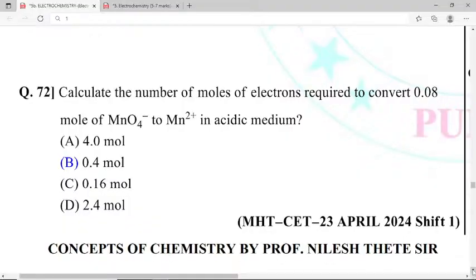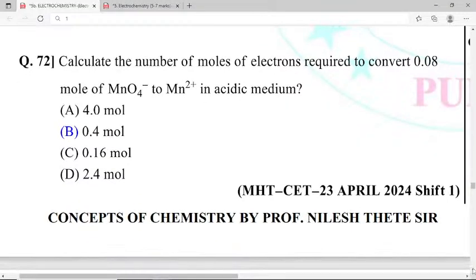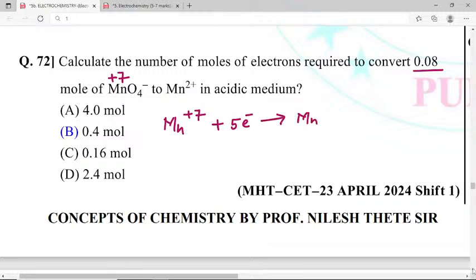Next, calculate the number of moles of electrons required to convert 0.08 mole of MnO4-. So MnO4-, so plus 7 to plus 2. So Mn plus 7 plus 5 electrons gives Mn plus 2.